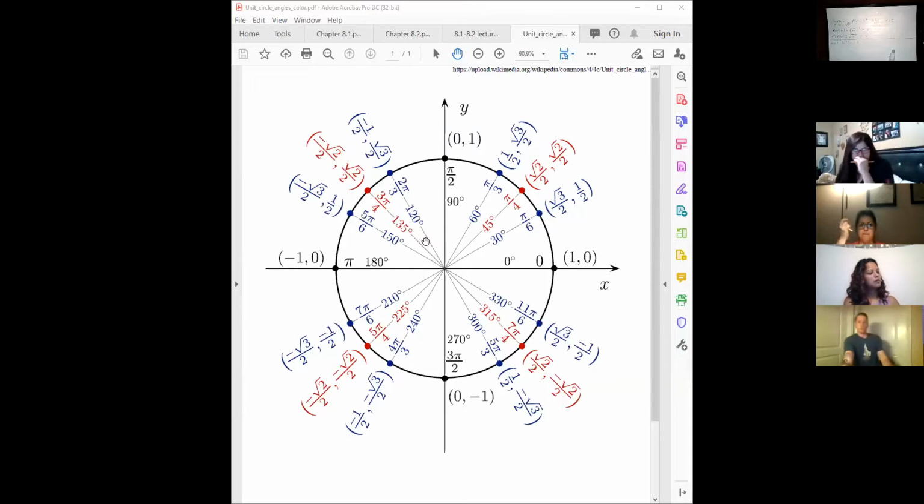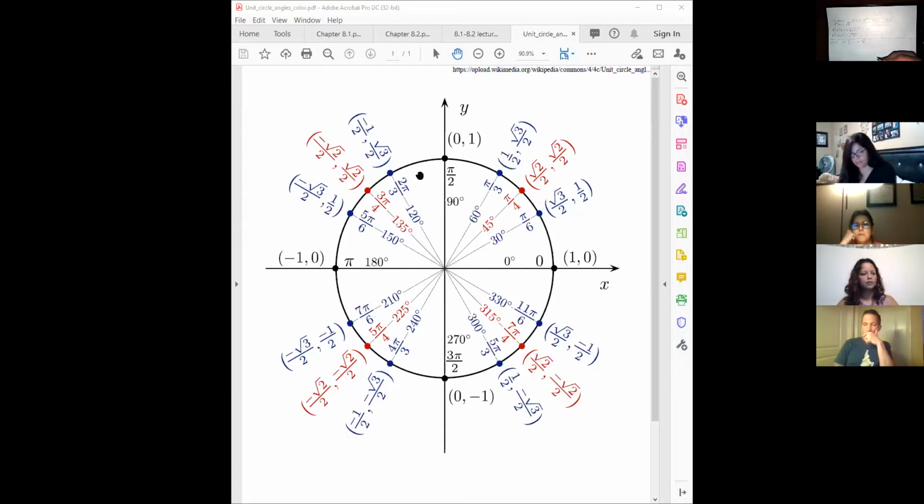The question really is saying, what angle gives me a sine value of 1? 90 degrees, or pi over 2, either way. That makes sense? That's what this is asking.